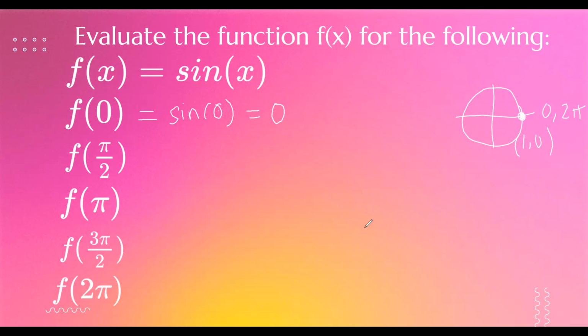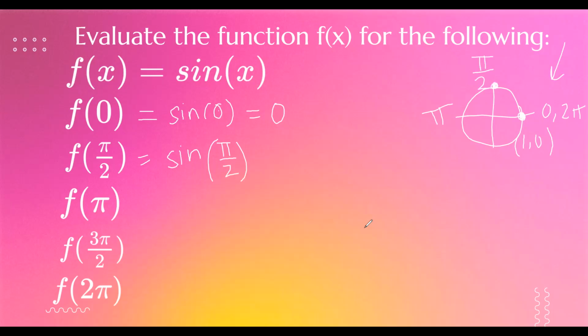Moving on to f of pi over 2, we're going to just plug in pi over 2 for x. So we're going to figure out what is the value of sine when x is pi over 2. Again, we have to remember that if over here on our unit circle this is 0 and 2 pi, halfway across is pi, and then halfway between 0 and pi is pi over 2.